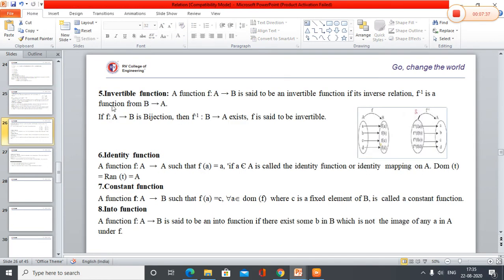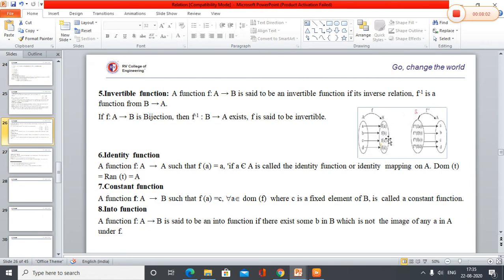Then next is the invertible function. What is an invertible function? If f is a function from A to B and it is invertible, that means the inverse function should be a function from B to A. If I take this example, there is a function f from set A to B, and these are the elements of set A: a, b, c, d, and these are the images of these elements.